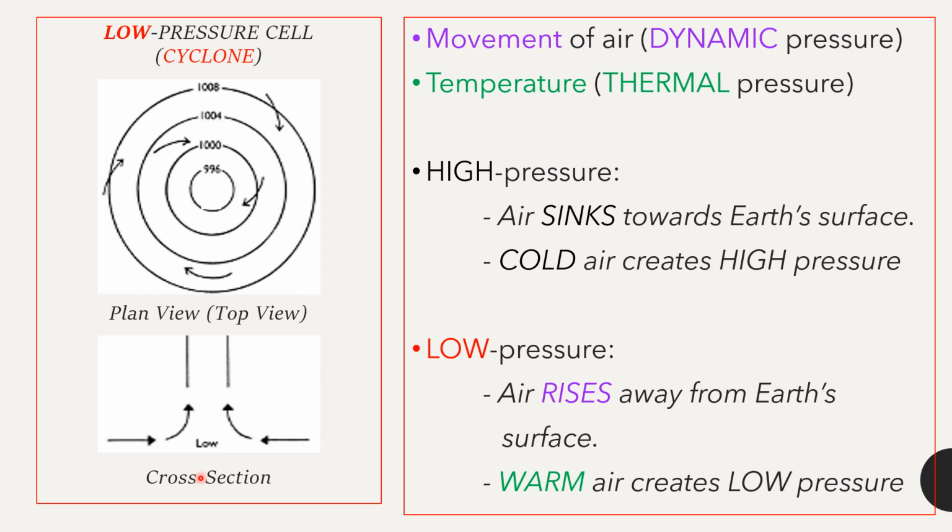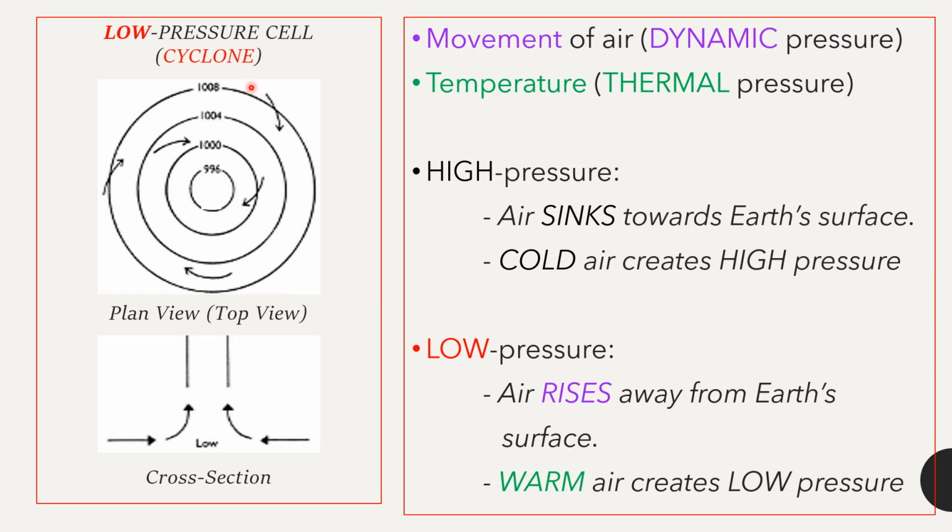In the case of a low pressure cell, air rises away from the Earth's surface, thus reducing the weight at the Earth's surface and creating a lower pressure. The warmer the air becomes, the lower the pressure is going to be. On a synoptic weather map, a low pressure is represented by a capital letter L at the center of the cell.